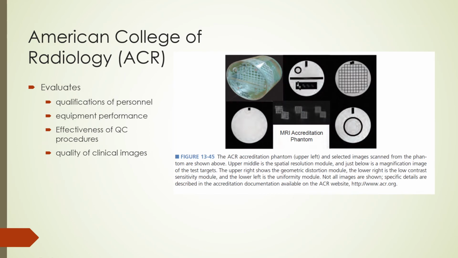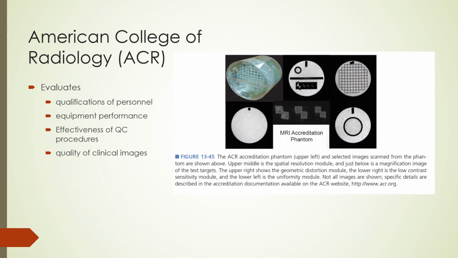Apart from the QC program mentioned on the previous slide, quality improvements in the imaging program can be achieved by gaining accreditation through the American College of Radiology (ACR). The ACR accreditation program evaluates the qualifications of personnel, equipment performance, effectiveness of QC procedures, and quality of clinical images. The process involves submitting phantom and clinical images for review.